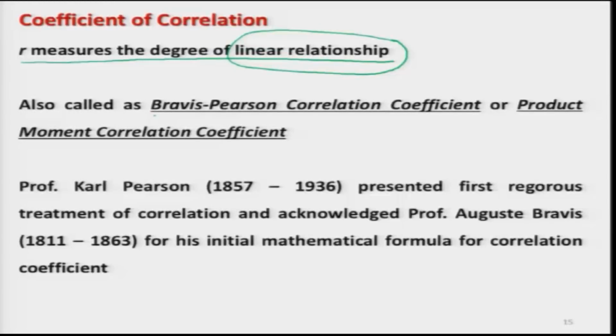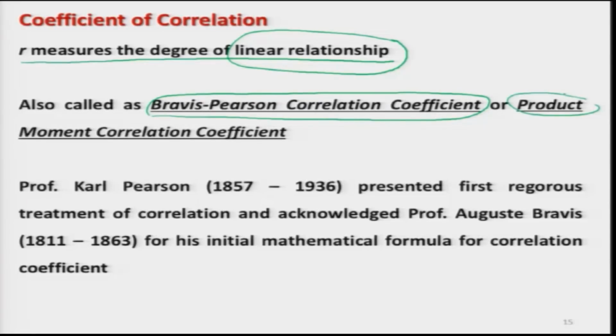Okay. This correlation coefficient is also called the Bravais-Pearson correlation coefficient, and also the product moment correlation coefficient. Why is it called the Bravais-Pearson correlation coefficient?